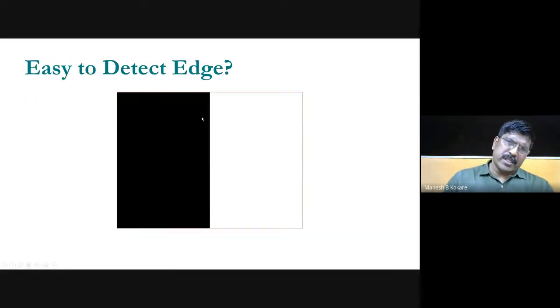Now, for this kind of edges, for example if there is a sharp, abrupt change in the intensity, this boundary forms the edge. Detecting these kinds of edges is very easy by using a simple difference operation, and this difference operation is equivalent to a high pass filter. We have seen in an earlier lecture that for removing noise we used integration, whereas for detecting the edge we have to use the difference operation.